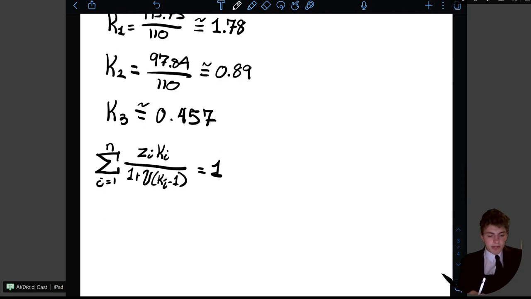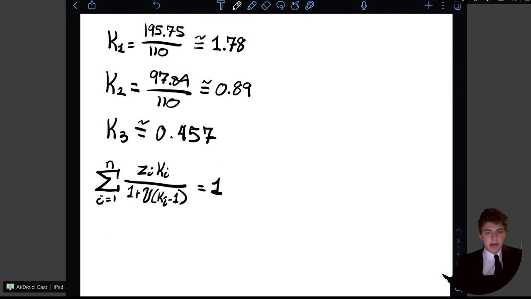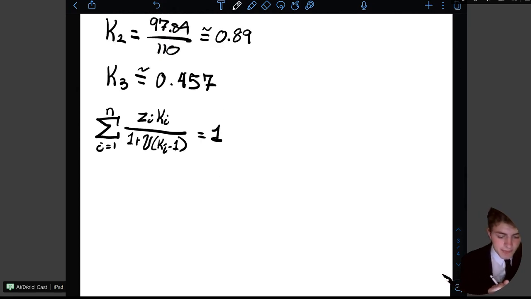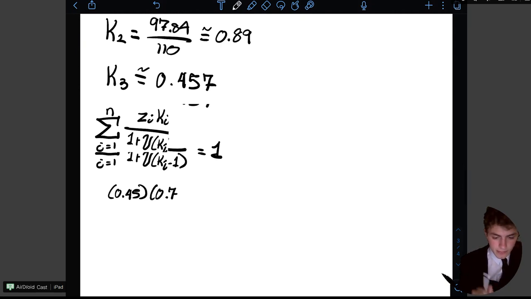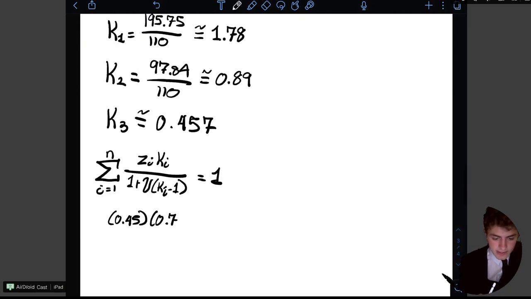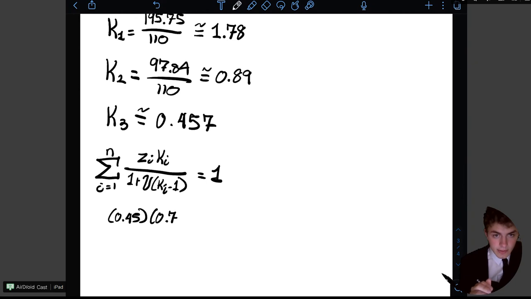So from that equation, I'm going to go ahead and write out our root solved equation. So it would look something like this. Our z for each substance along with our K for each substance.